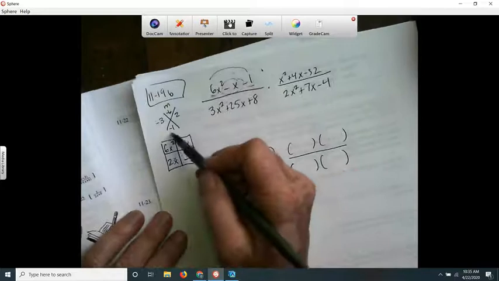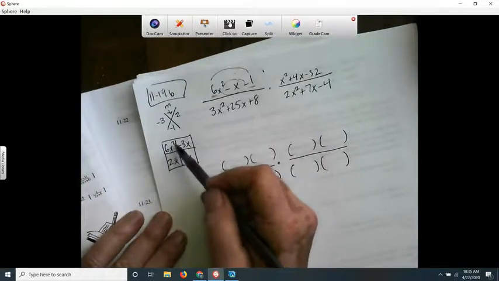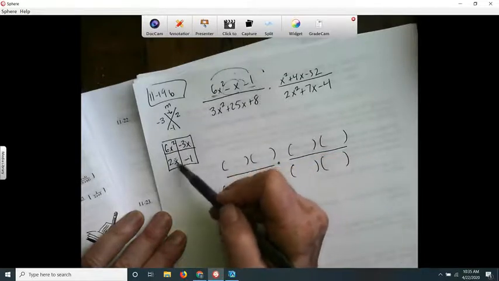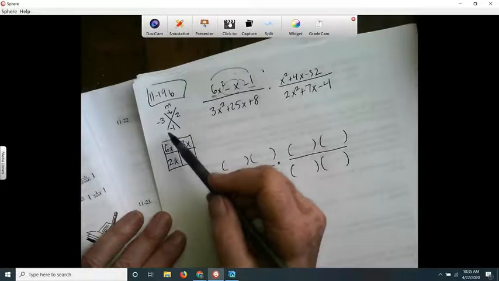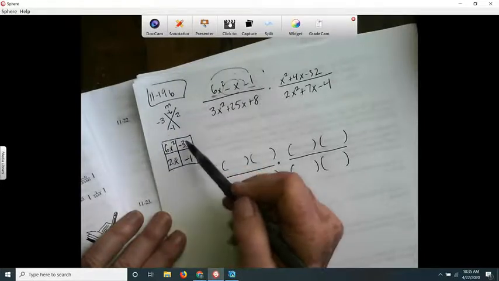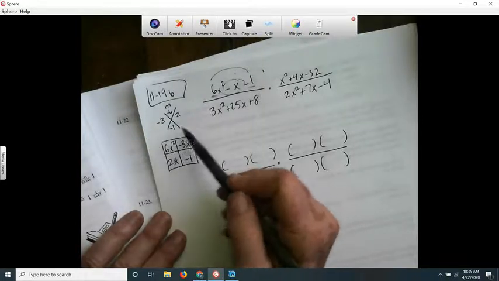So now I'm thinking of two numbers that multiply together and make 6x squared. But I have to be mindful of these numbers over here too. I could say 3x times 2x, but when I try to work over, you have to be careful which place you put them.